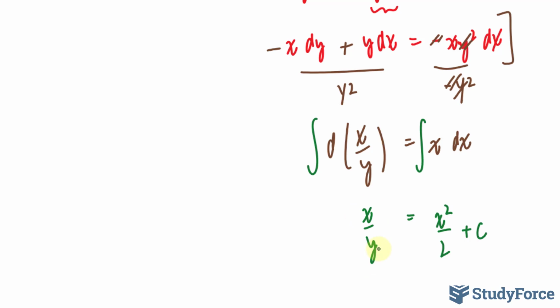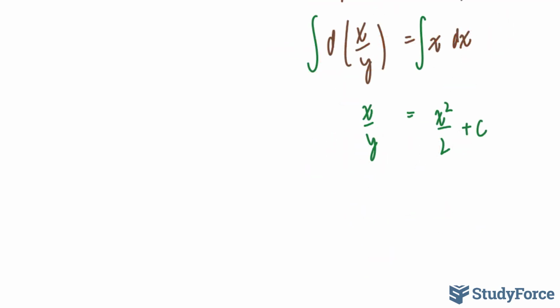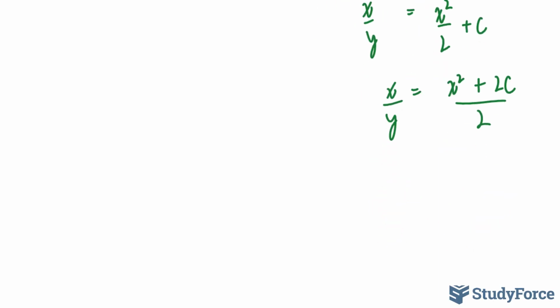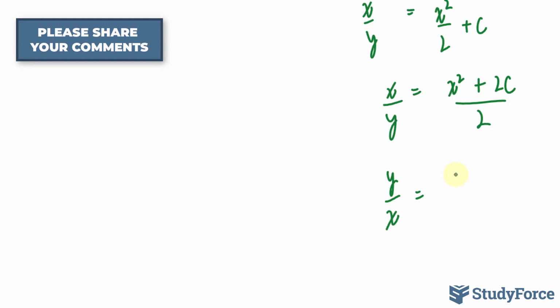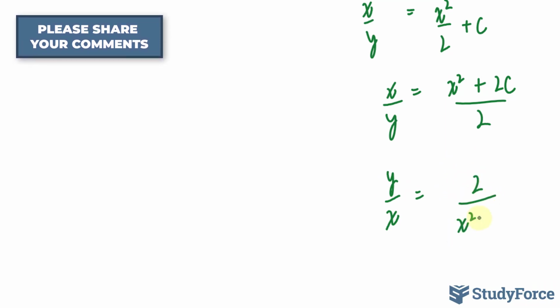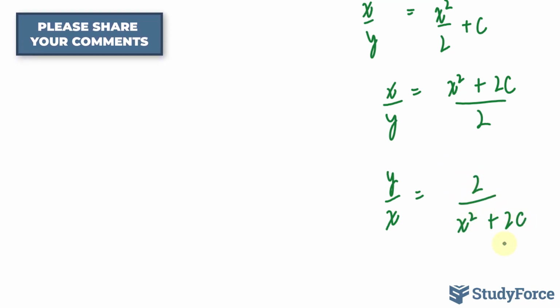You can stop right there, or we can solve for y by combining these two first, where we end up with x squared plus 2c over 2 and x over y on the left side. That hasn't changed. Then we reciprocate both sides, and if we do that, we end up with y over x is equal to 2 over x squared plus 2c.